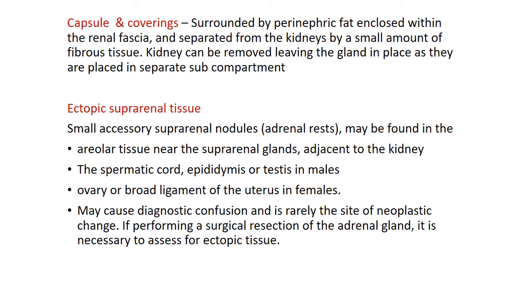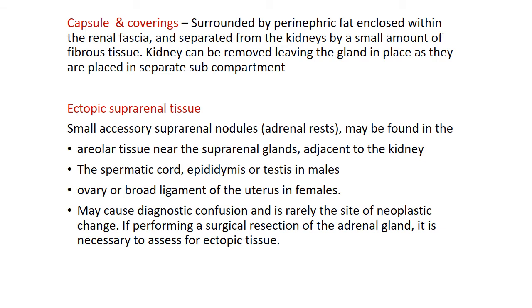They are surrounded by perinephric fat and then further enclosed within the renal fascia. They are separated from the kidney by a small amount of fibrous tissue and thin renal fascia. Kidney can be removed, leaving the gland in place, as they are placed in separate subcompartments. So it is easy to remove the kidney without disturbing the suprarenal gland.